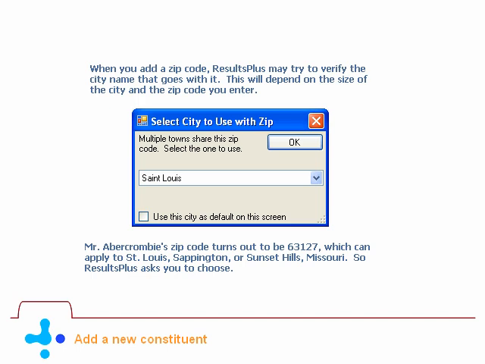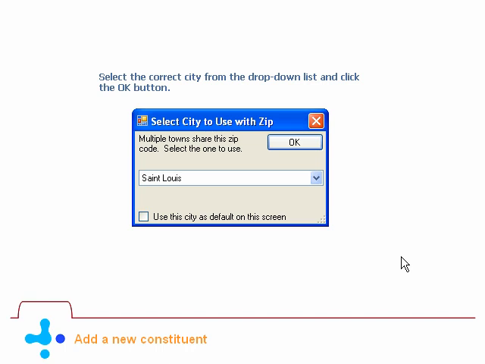This will depend on the size of the city and the zip code that you enter. Mr. Abercrombie's zip code turns out to be 63127, which can apply to St. Louis, Sappington, or Sunset Hills, Missouri. So ResultsPlus asks you to choose. Select the correct city from the drop-down list and click the OK button.